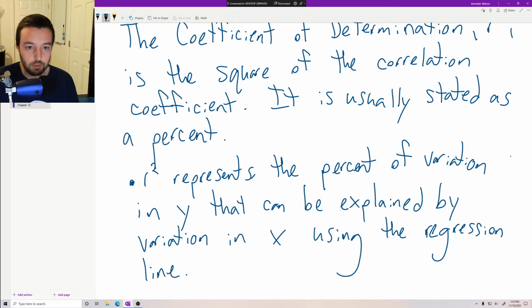So it's essentially saying how much of Y we can explain via this relationship with X. And it's giving us a numerical interpretation of that.